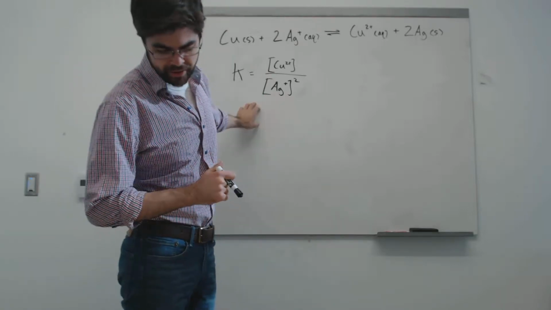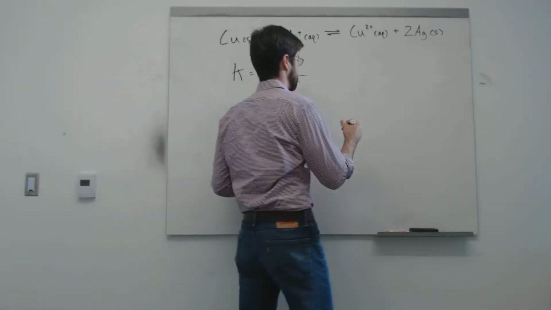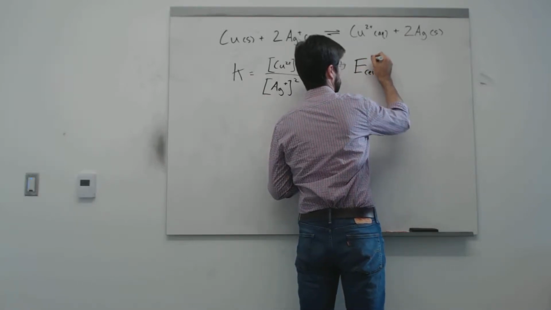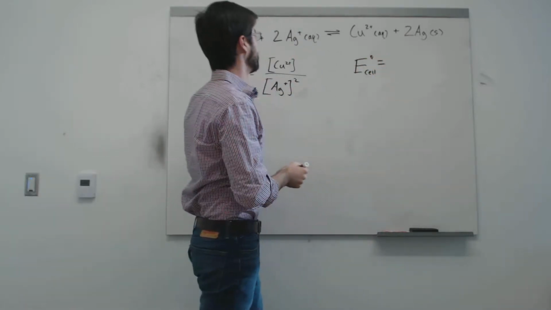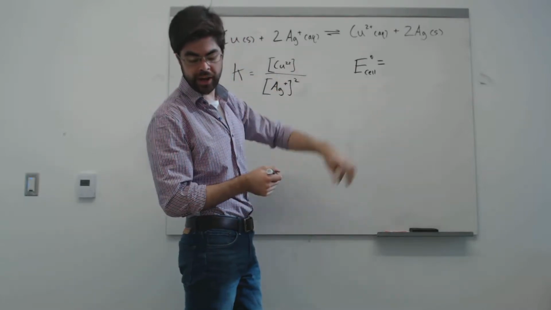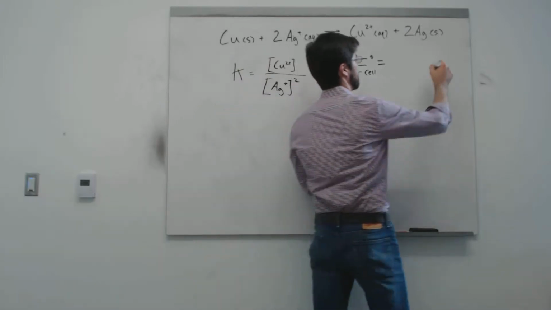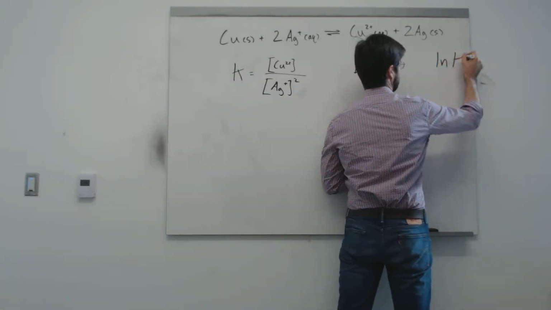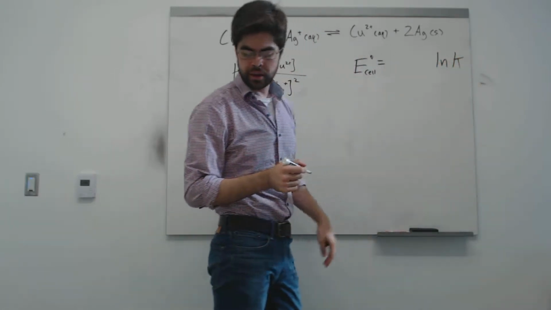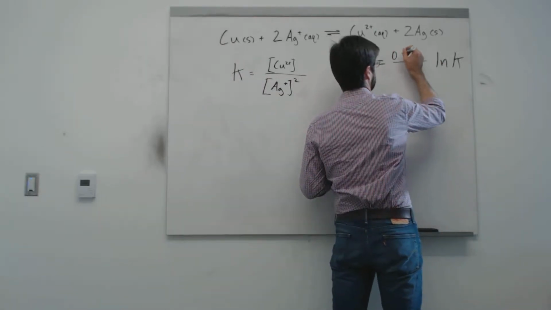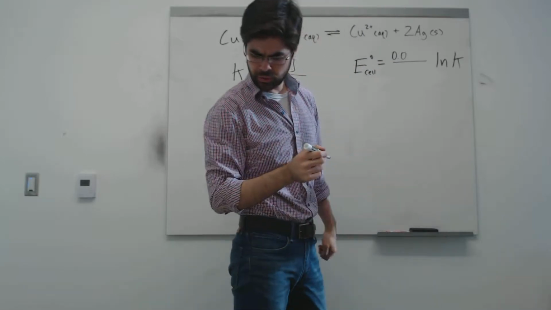I'm not going to derive this for you, but I will tell you that there's generally a relationship between cell potential, how favorable it is for this reaction to occur, that happens to be related to the equilibrium constant by the, well, technically it's actually the natural log of the equilibrium constant. And then there's a couple other prefactors here. It's like 0.0257.